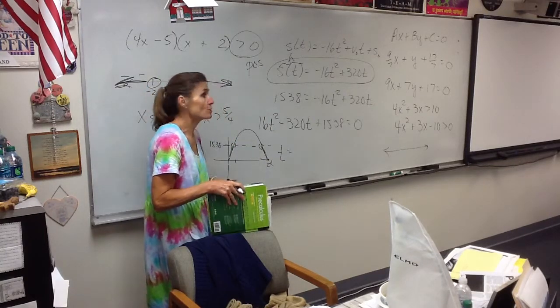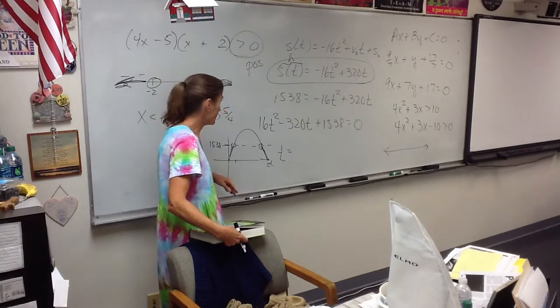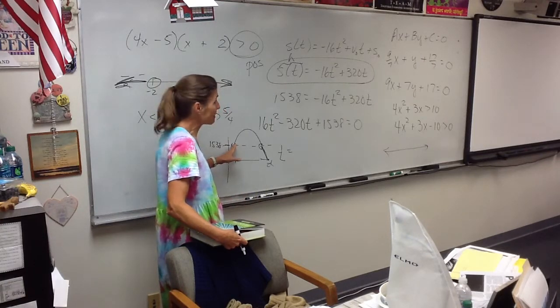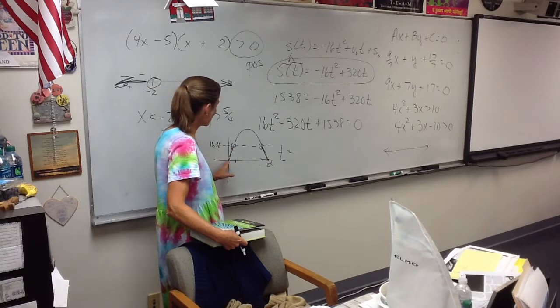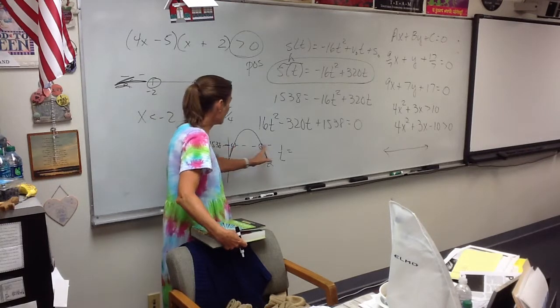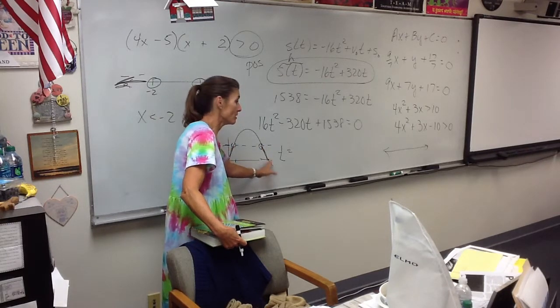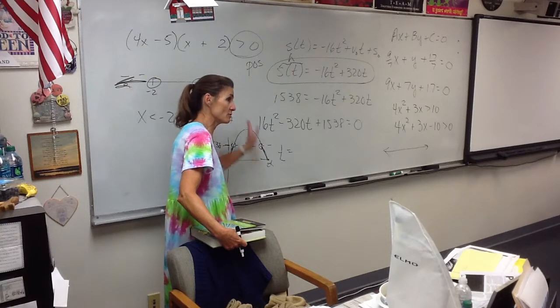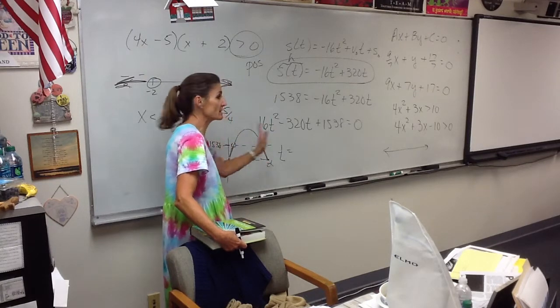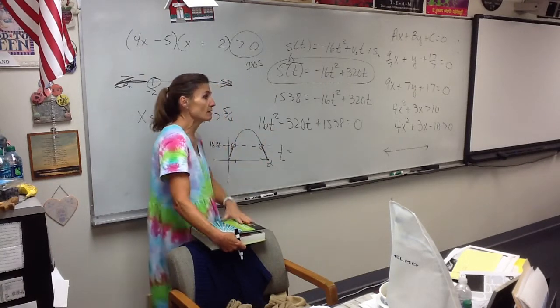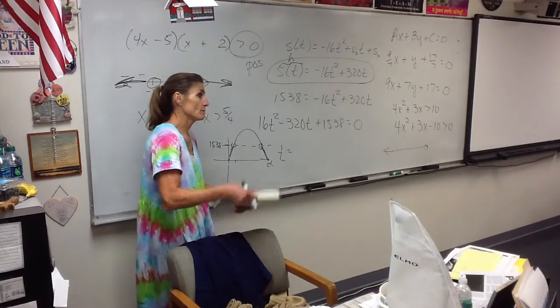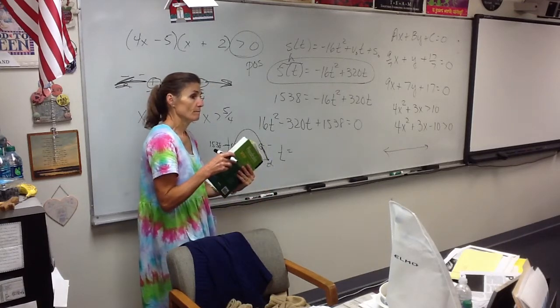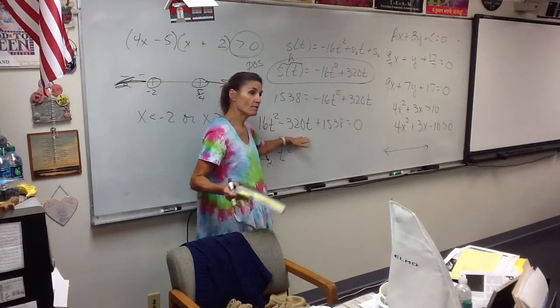Parabolas are symmetric. So if it took me 6 units, and I made that number up, to get to here, then it's going to take me 6 units to get to here. Everything is completely balanced. There's an axis of symmetry. Everything is completely even on both sides of the parabola. Wait, how do you find those numbers? On the bottom, you solve the quadratic formula.